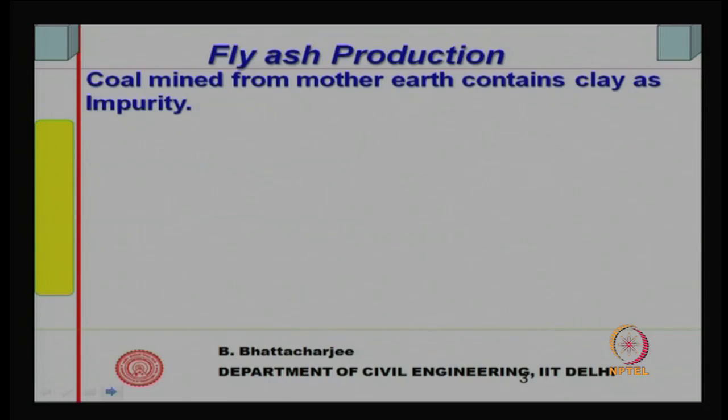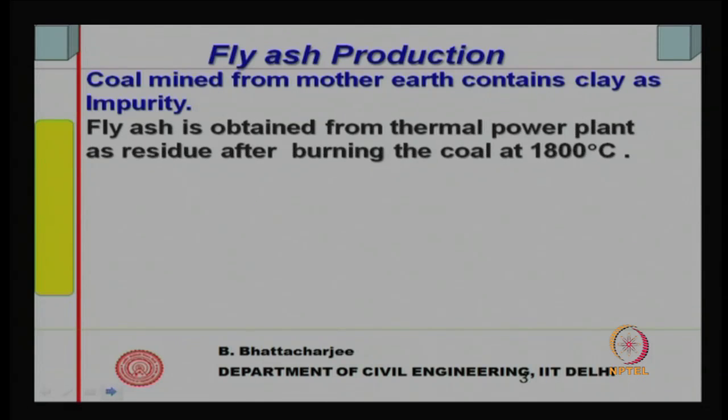Now, let us see what is fly ash. Coal is mined from mother earth and it contains clay as impurity. Now, you see, a thermal power plant burns this coal to produce energy, which is used to generate steam and finally to run the steam turbine to generate electricity.